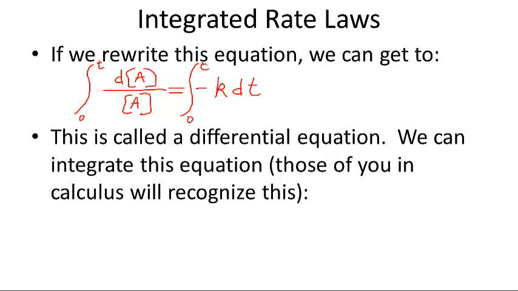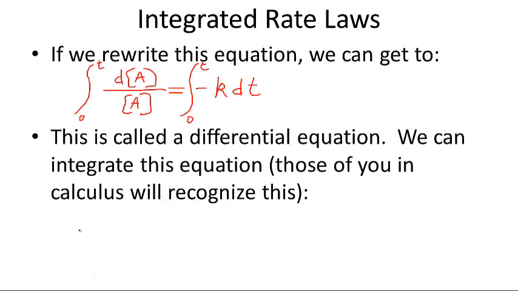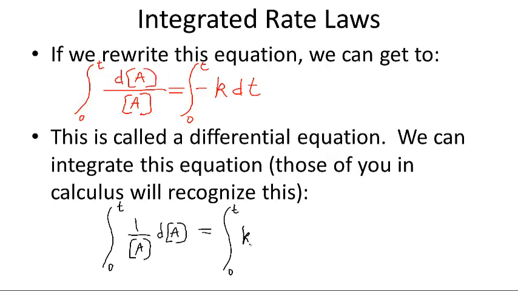And if I do that, maybe I'll rewrite it so it's a little more recognizable for people in calculus. If I have the integral of 1 over the concentration of A dA, all right, remember k is a constant.